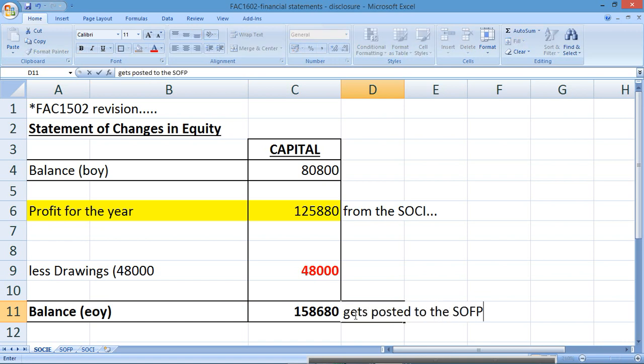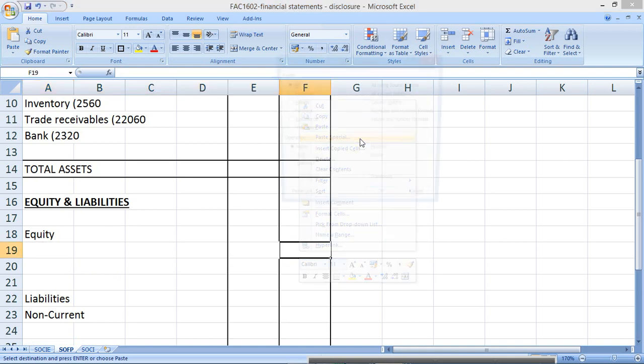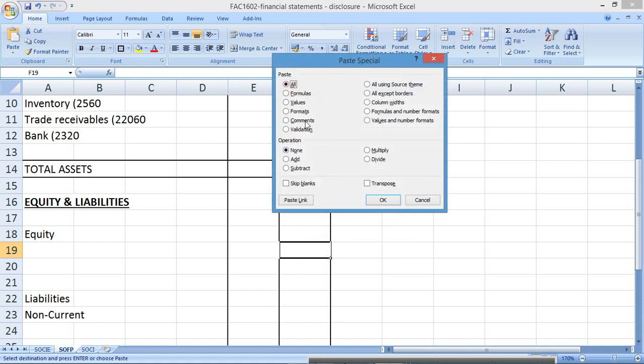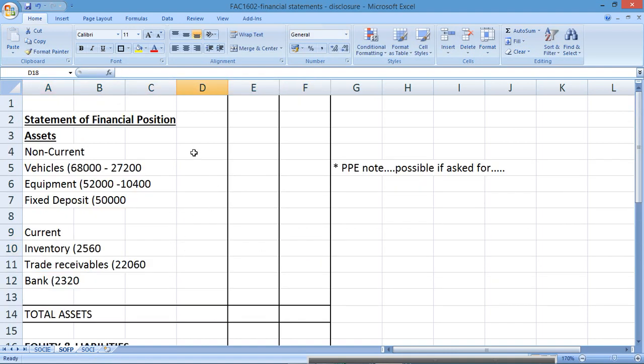Correct. Okay, that's good. Right, so now this figure, I'm going to take and move under equity. Capital. Right, and that's it. All we need to do is neaten this up. So vehicles, do you agree this is going to have to be calculated?